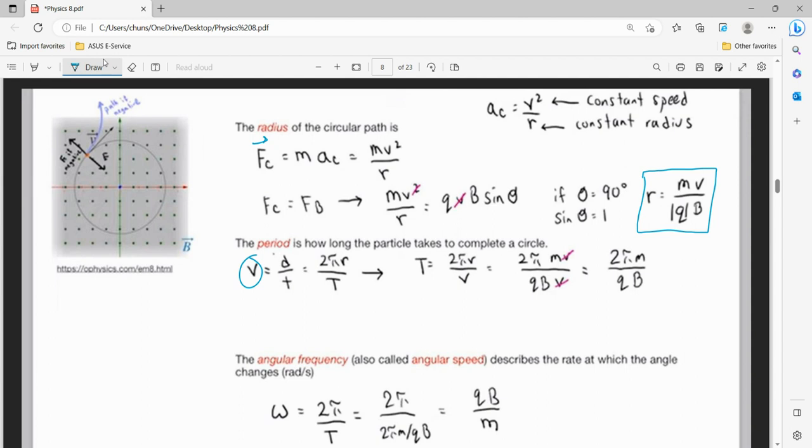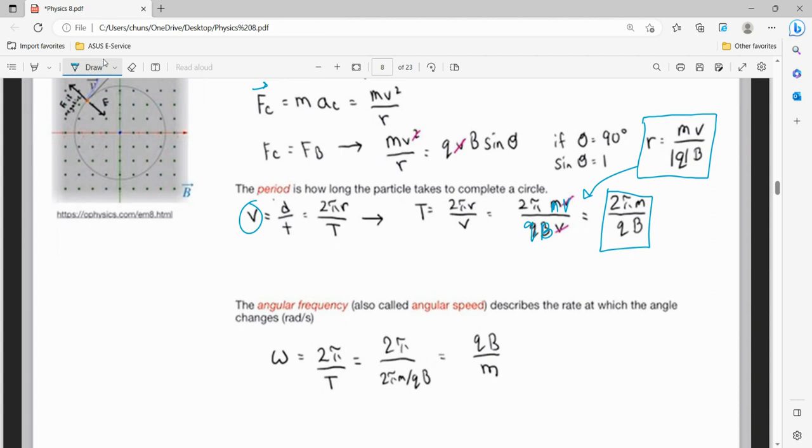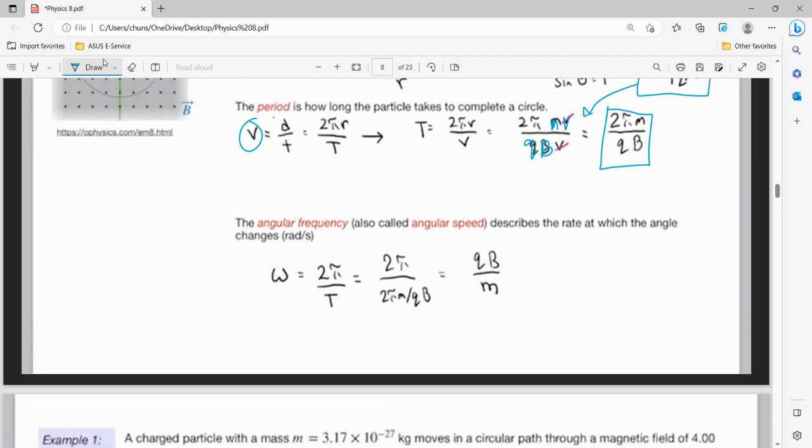And if we make our r equal to this mv over qB from our previous equation here, we can write it out in this form. Angular frequency is calculated by 2 pi over our period, and this is the rate at which the angle is changing as it goes around the circle.